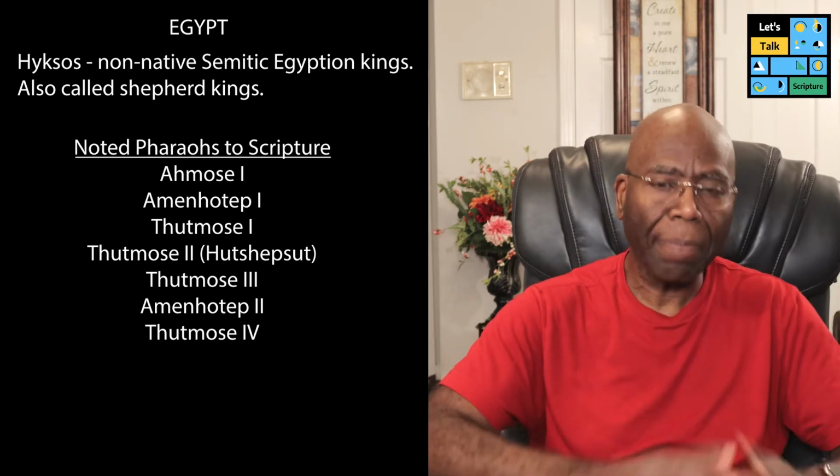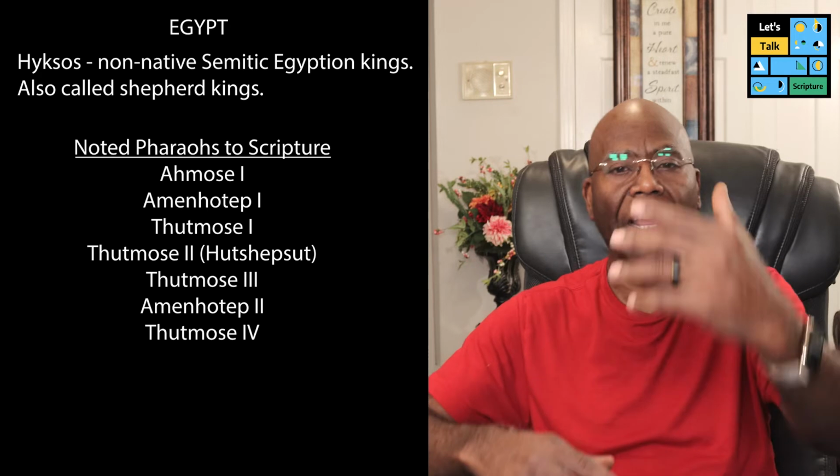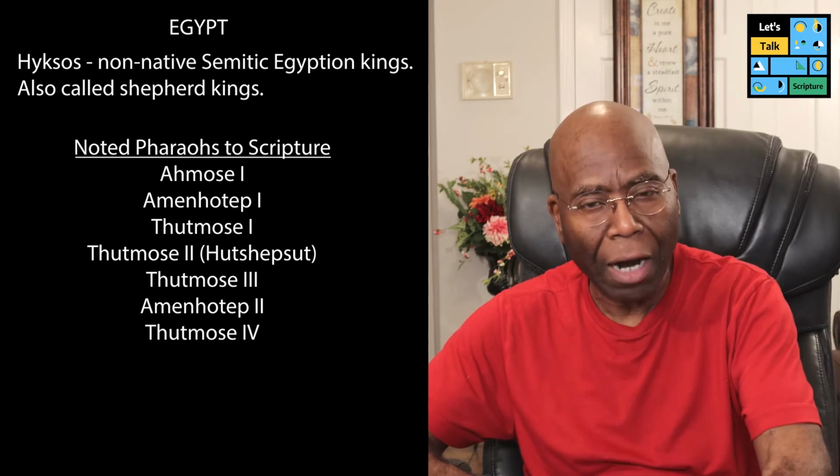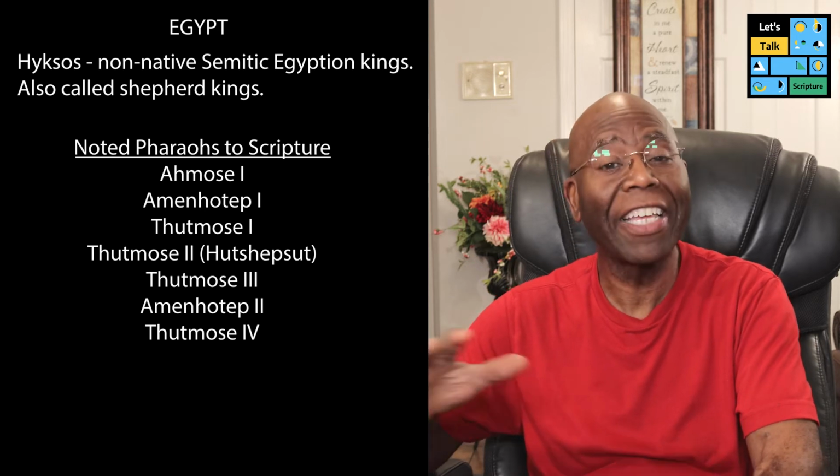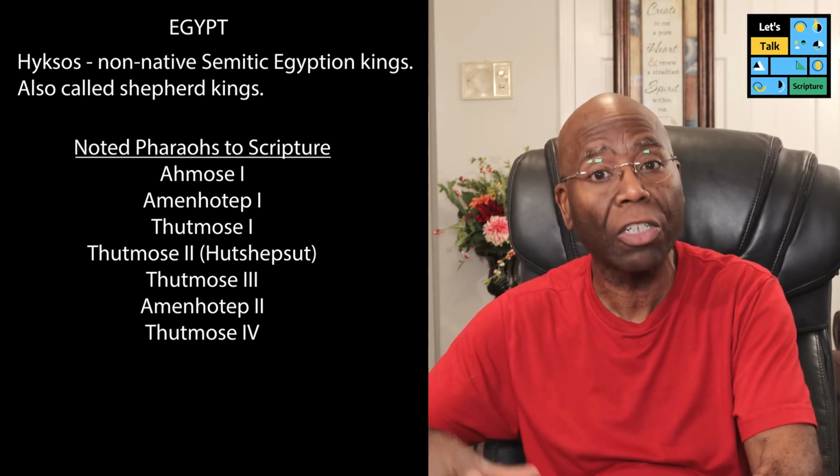Now, Thutmose II was the heir to the throne. So he came to power later on, but he died, and his son was too young to rule.